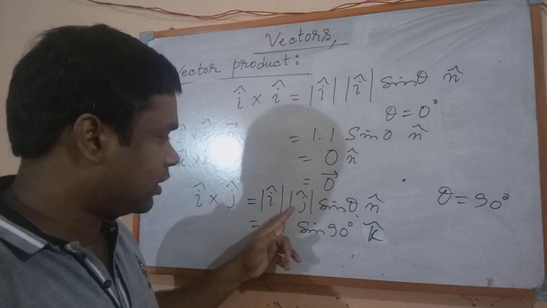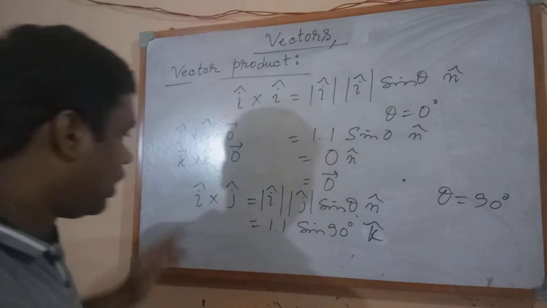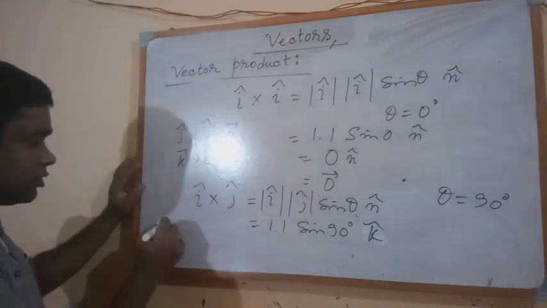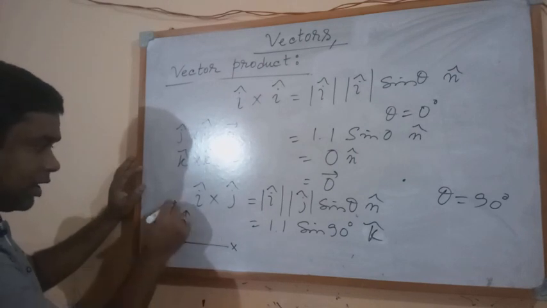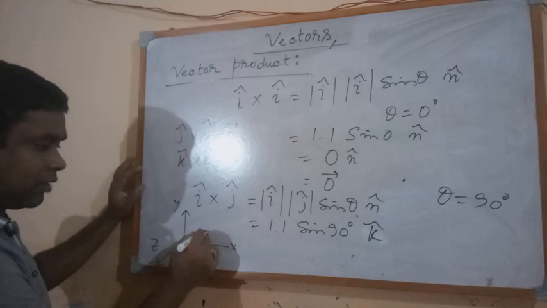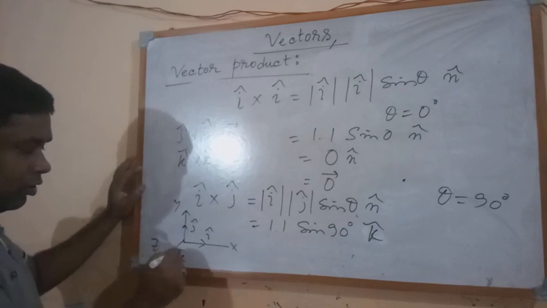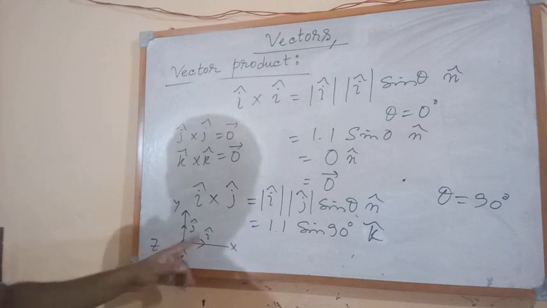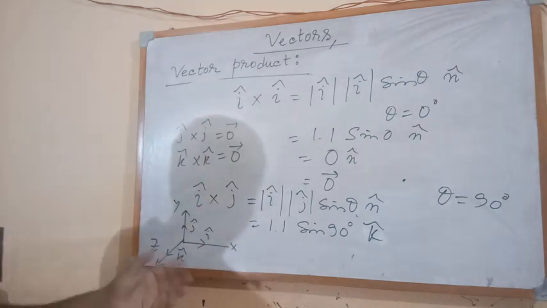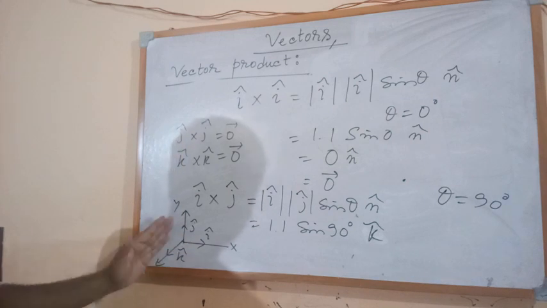Here I cap is along the x axis, j cap is along the y axis, so this is the xy plane. This is the x axis, this is the y axis, this is the z axis. So I cap is along the x direction, j cap is along the y direction, and k cap is along the z direction. If we take I cross j, then according to the screw rule, we have to rotate from I cap vector to j cap vector.